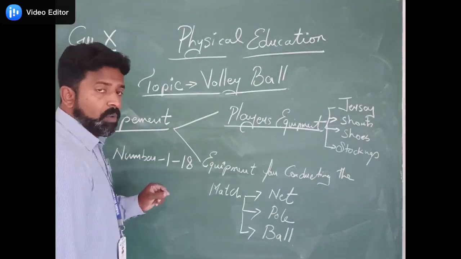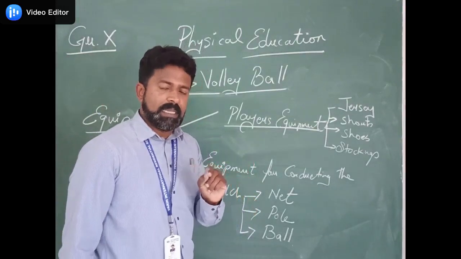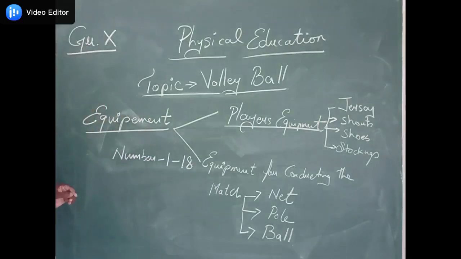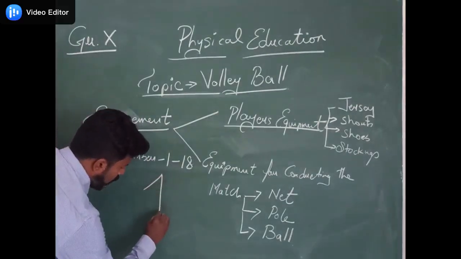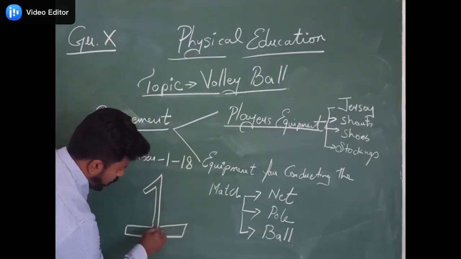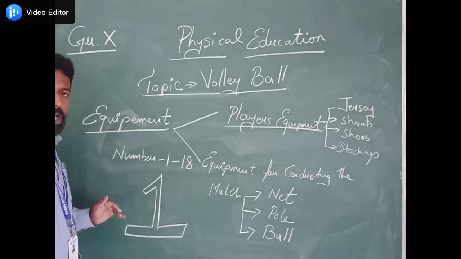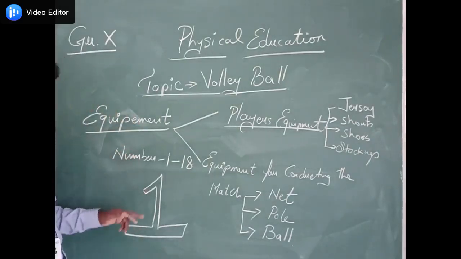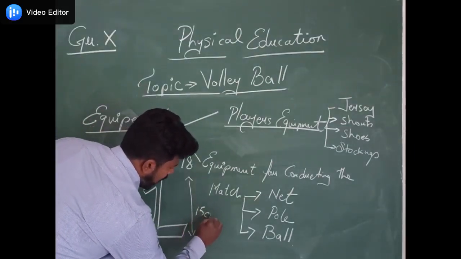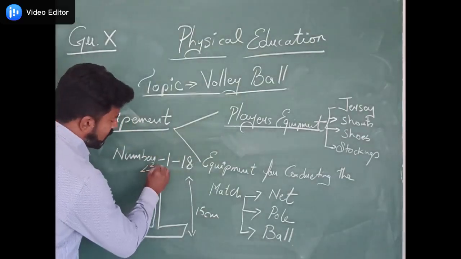We also have a specification for the measurement of the numbers. For example, on the chest, the number should be 15 centimeters in height and 2 centimeters in width.